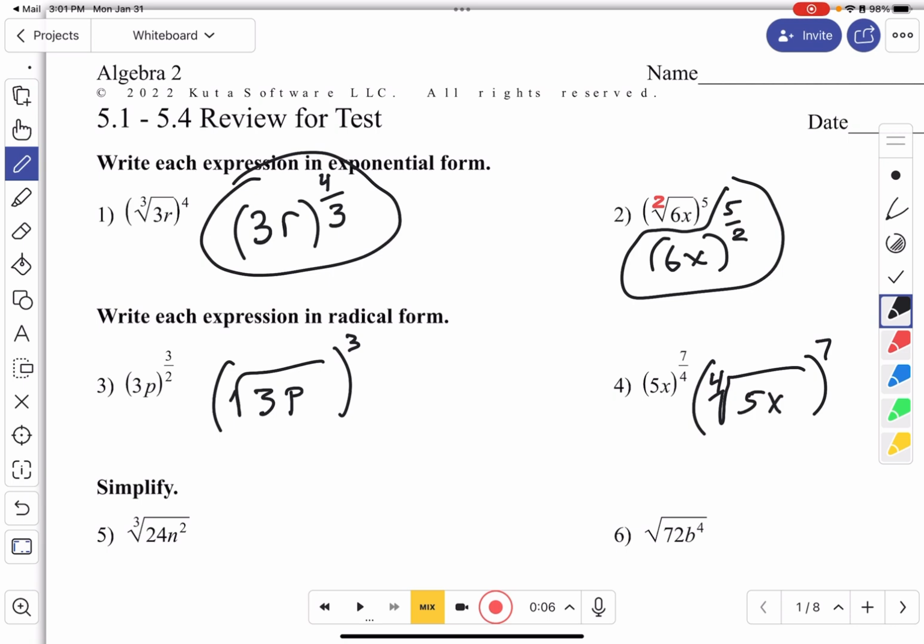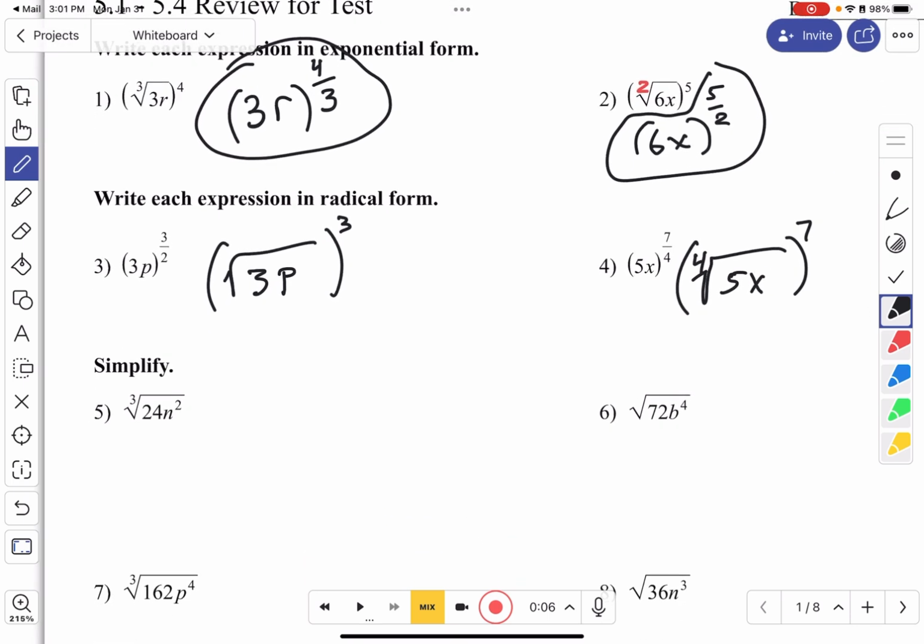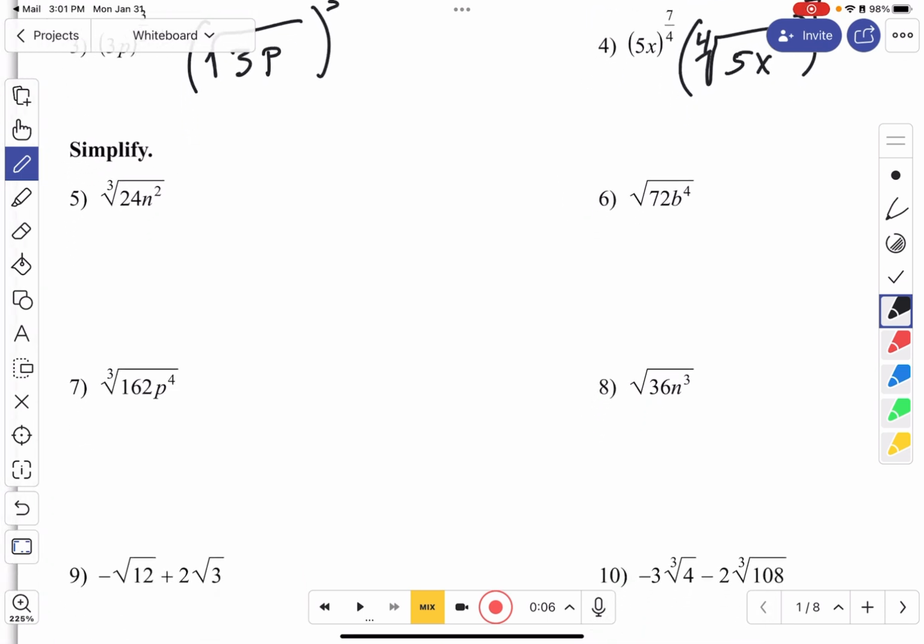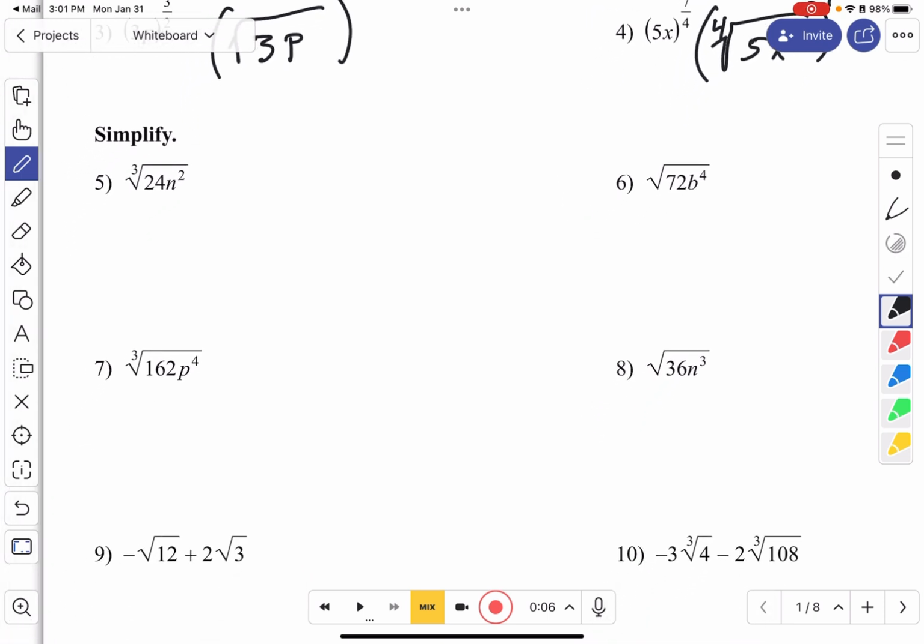Number 5 is asking us to simplify. We've got the cubed root of 24n squared. So I'm going to go ahead and break 24 down. It's 4 times 6. It's 2 times 2 times 2 times 3.